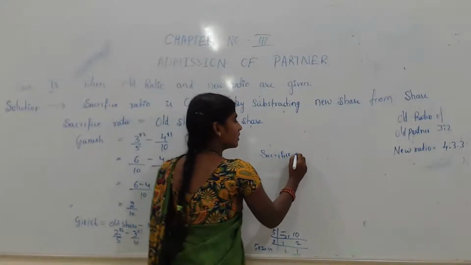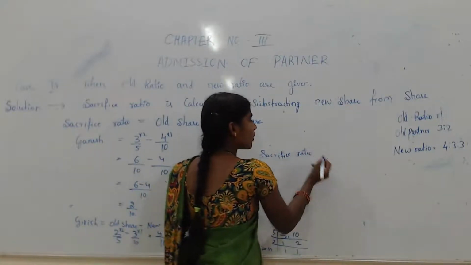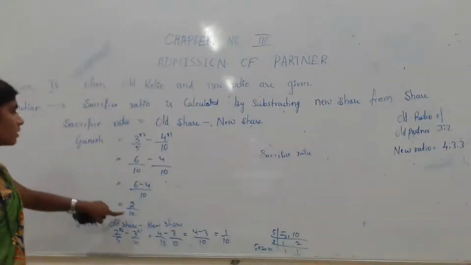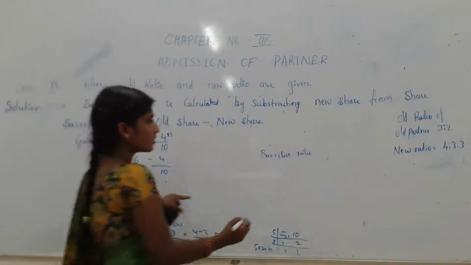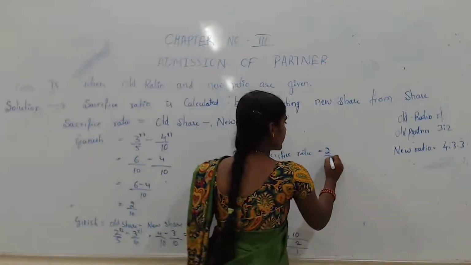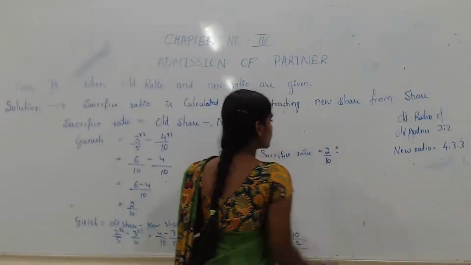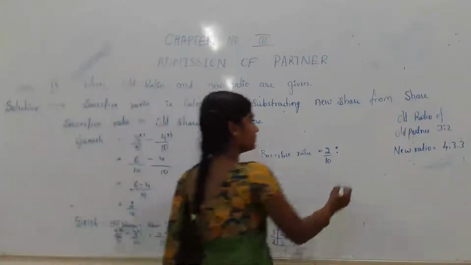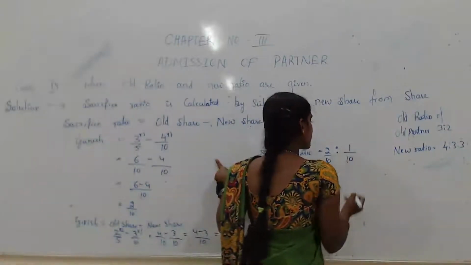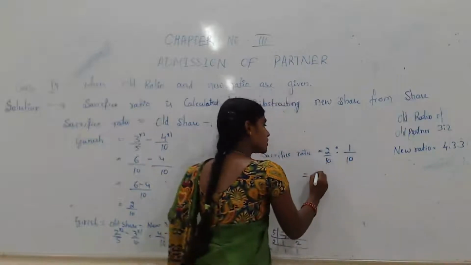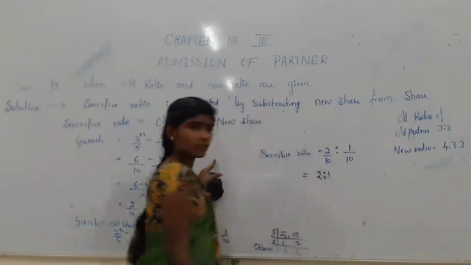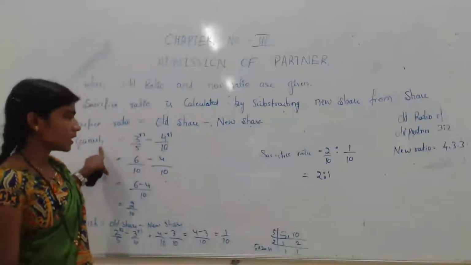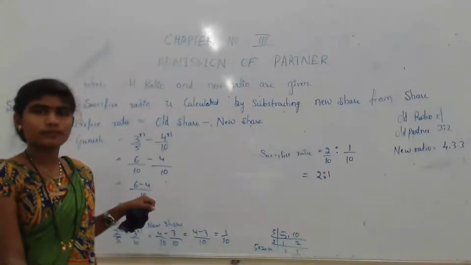Sacrifice ratio of old partners. So Ganesh's share 2 by 10 is to Girish's share 1 by 10. So the bases are common now. So 2 is to 1 is the sacrifice ratio of Ganesh and Girish.